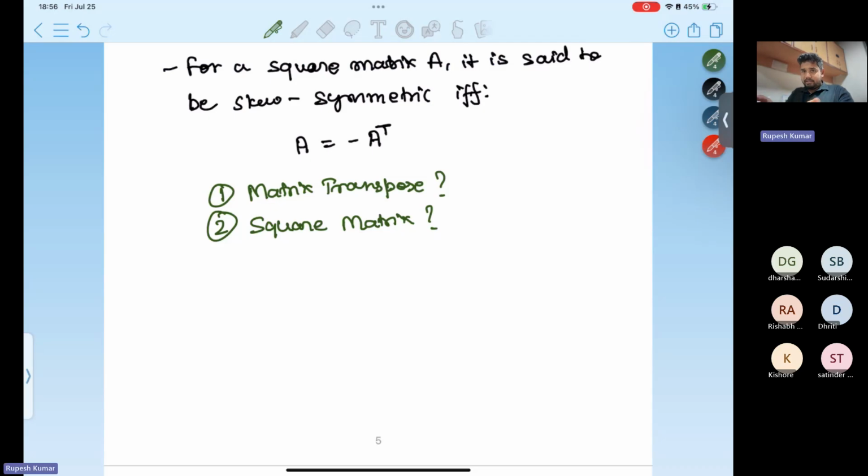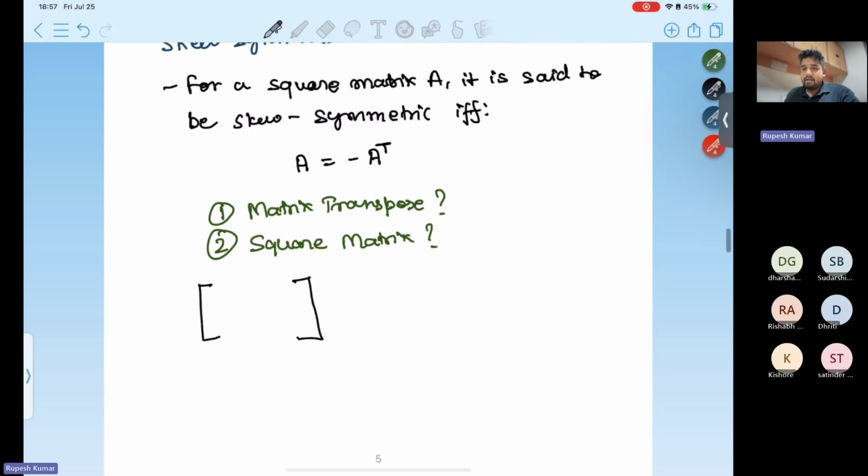What is a matrix? Matrix is a way of representing some mathematical spaces, right? And for our convenience, let's consider matrices as containing a collection of some vectors, right? So matrices can be considered as a collection of vectors.